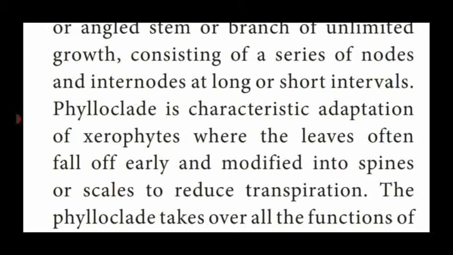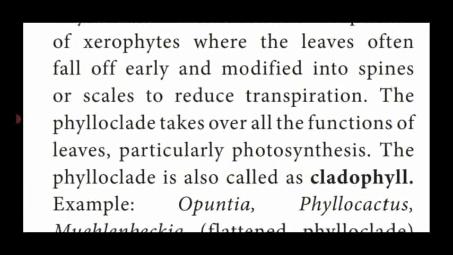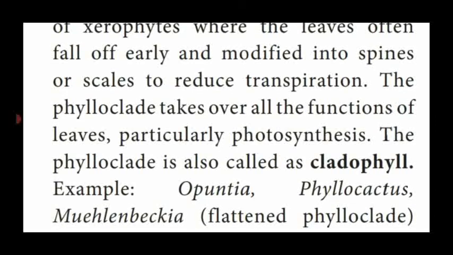So each and every drop of water is stored in the plant parts for future use, so the leaves fall off from the xerophytic plant or are modified into thorn. In those plants, the stem is modified into green, flattened, succulent with nodes and internodal regions to do the function of photosynthesis instead of leaves.